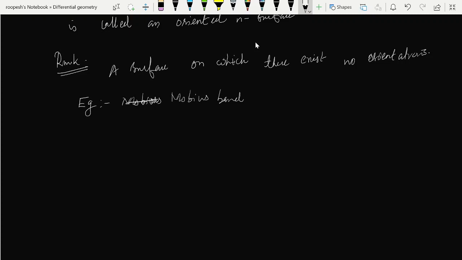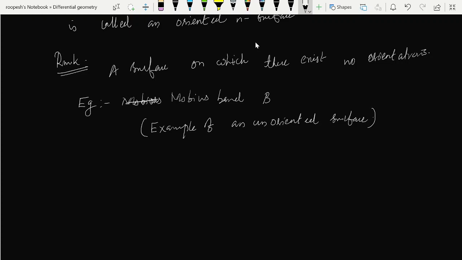Actually we will denote it as B, and this is an example of an unoriented surface. So we cannot give orientation to this surface.